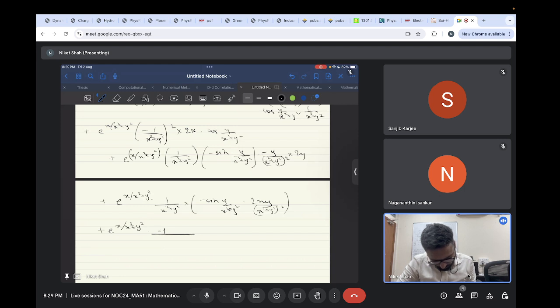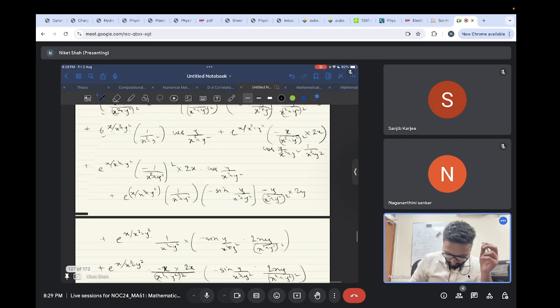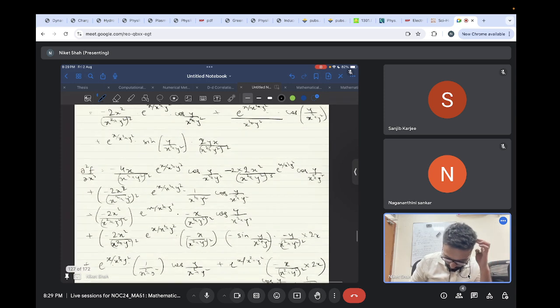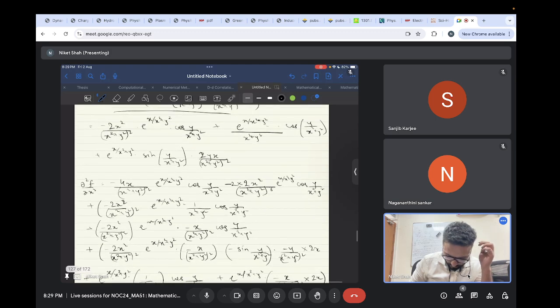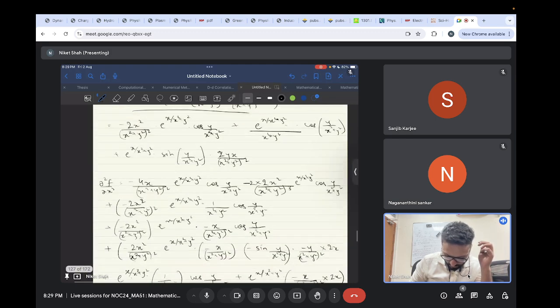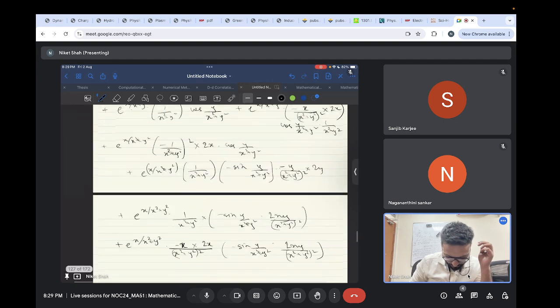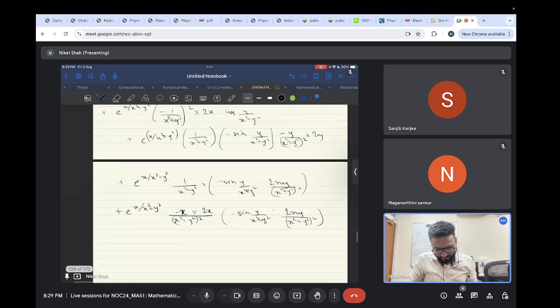Okay, minus 1 upon the whole square into 2x minus sine y divided by x square plus y square into 2xy divided by x square plus y square the whole square, plus e raised to power x upon x square plus y square. This now remains the same.